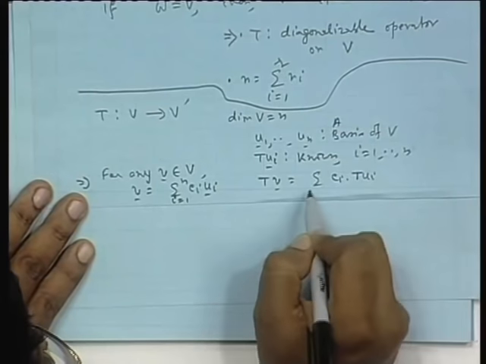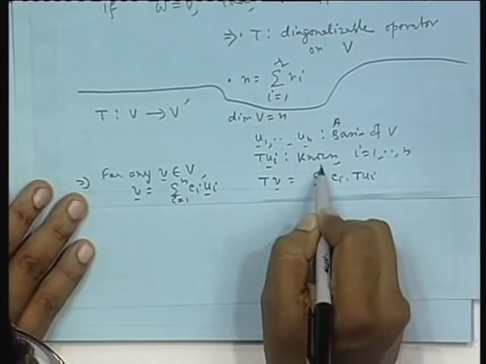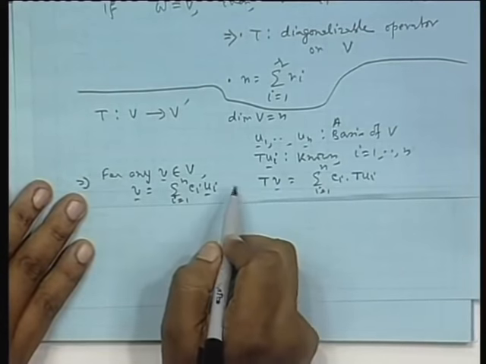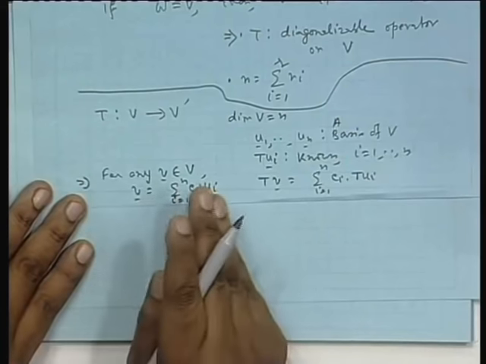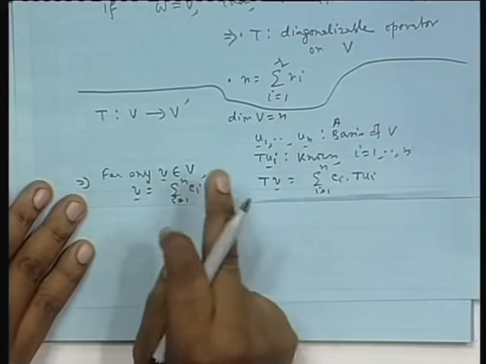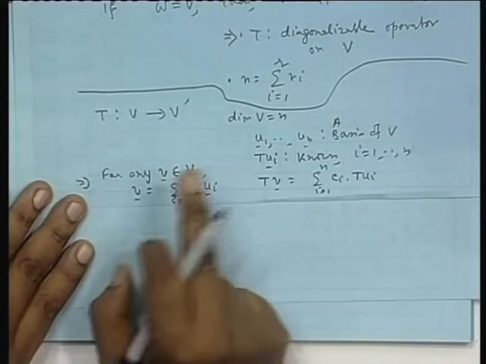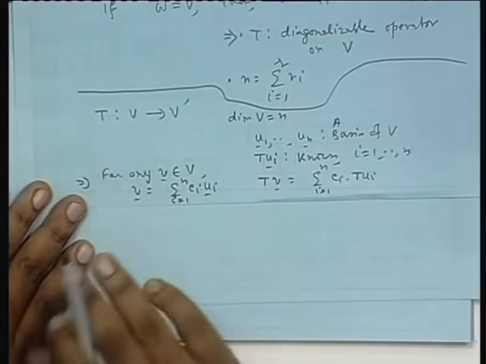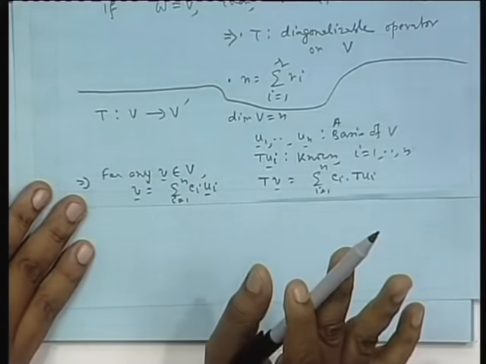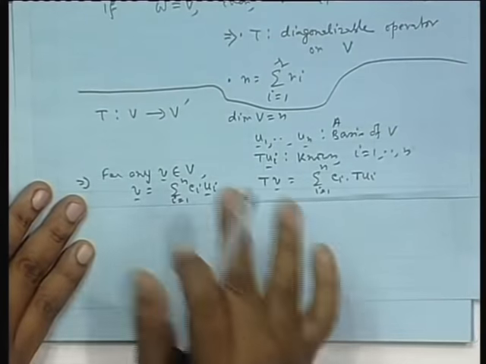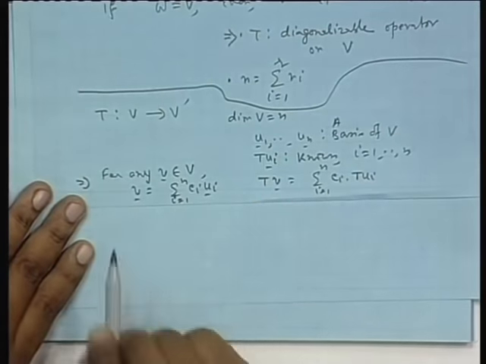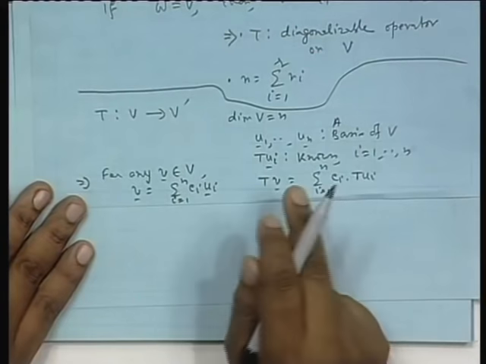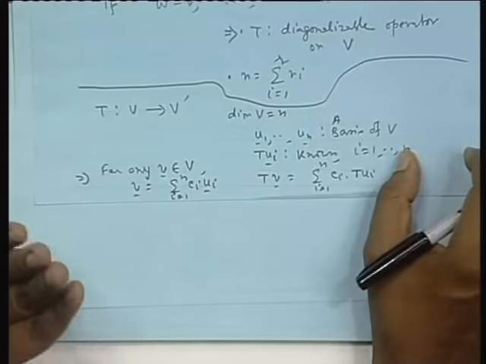So if these T u_i's are known, for any vector I can find out what its map will be, T v will be known. That means any operator can be defined perfectly just by defining its action on the basis vectors of any basis of V that you choose. If I know them, then the action of T on any arbitrary vector v can be easily worked out using these known values. So, this is an elementary result of linear operators.